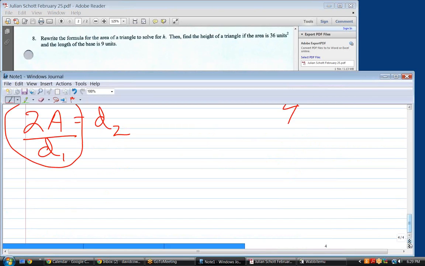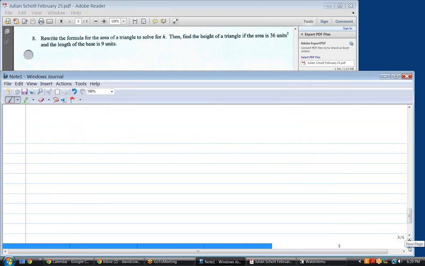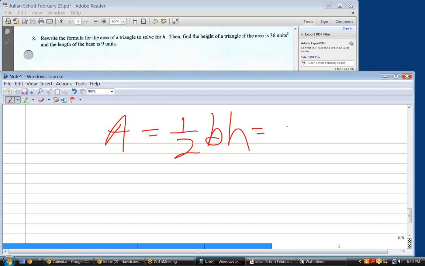It's actually good. You probably can use some algebra practice. Area of a triangle is what? Base times height, 1/2. 1/2 base times height. That's the way I prefer to remember rather than base times height divided by 2.